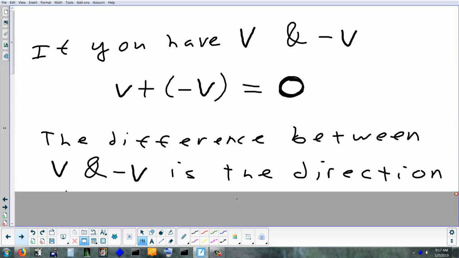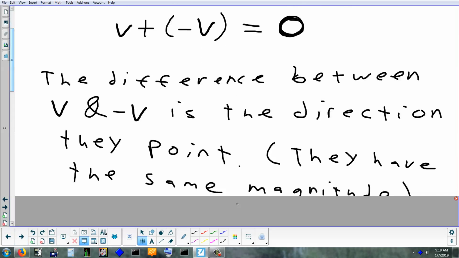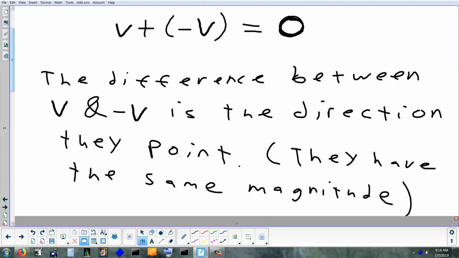So we already said this earlier, but the difference between V and negative V isn't the length. Length is exactly the same. It's the direction that they point. So they have the same magnitude, but they point in the opposite direction. Now, look what we just did here. Something plus negative something. What are you really doing there?